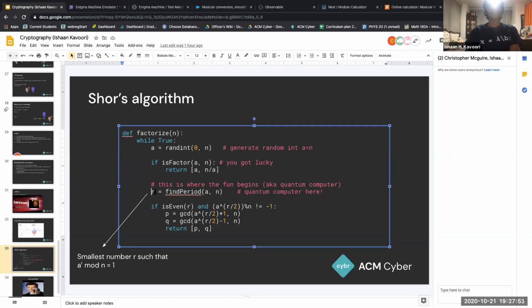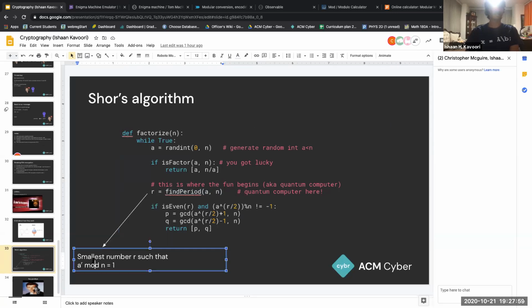So the reason that finding the period r needs a quantum computer, okay, no problem, is that when these numbers get large, it is again nearly impossible for a classical computer to do.